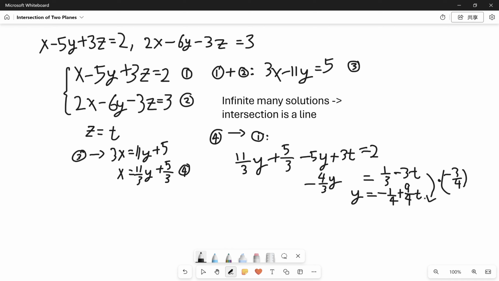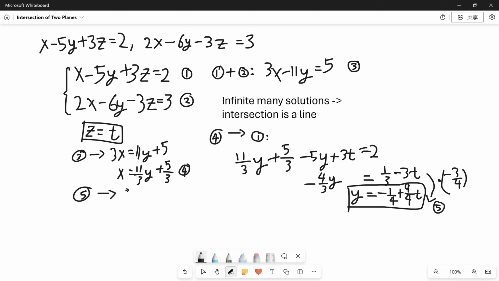For negative 3t, we have plus 9 over 4 t. So that's our parametric representation for y. Let me just box that. Right, and this is our parametric representation for z.